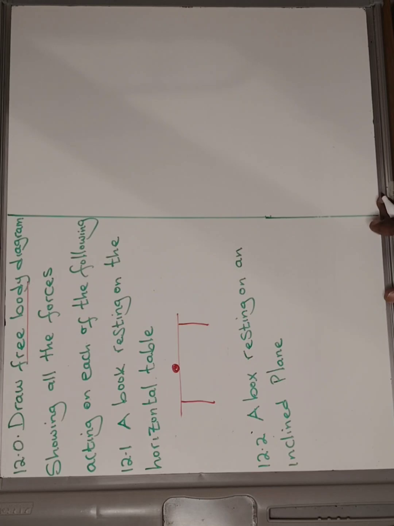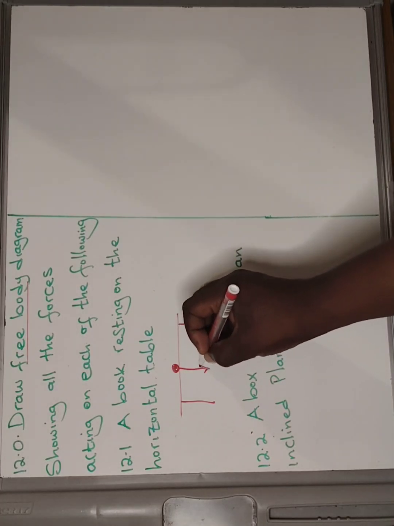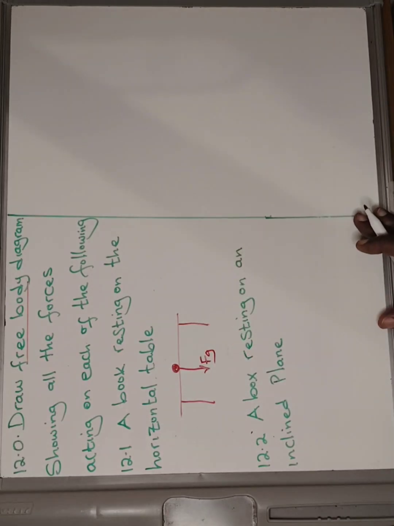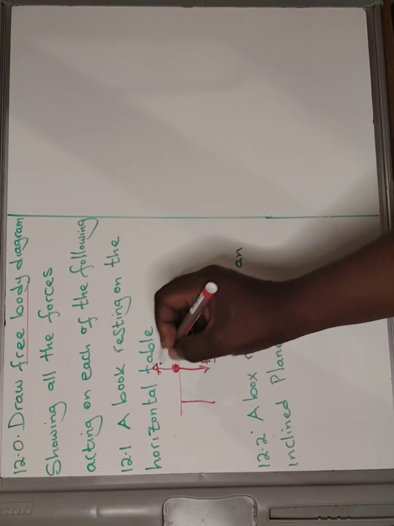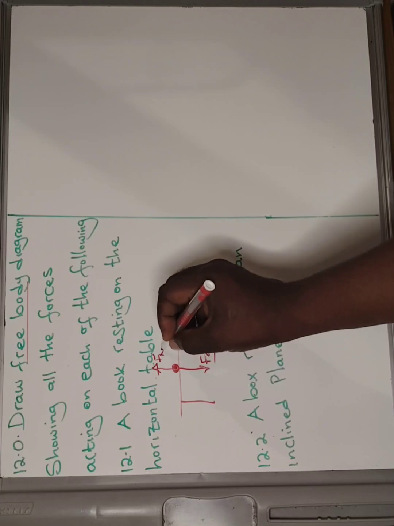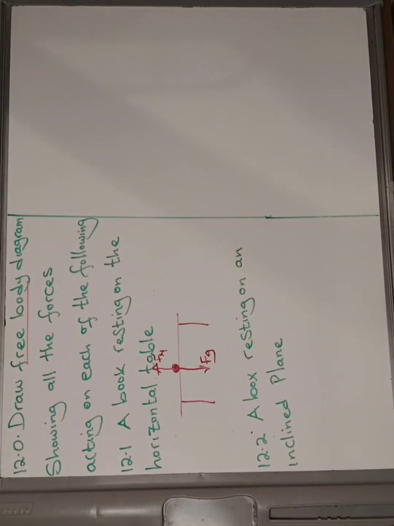And from there, we explore the forces which are acting on our body, on our book. The first one is the obvious one, which is gravitational force acting vertically downwards. Then the second one is the one which is exerted by the surface of the table, which is the normal force. So this pair of forces is what we have, which is acting on our book.